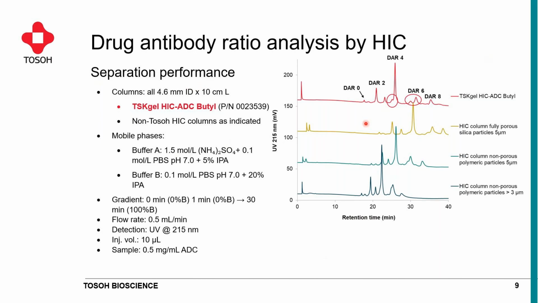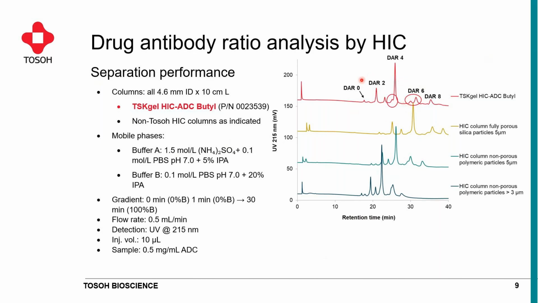So what we did is we compared the new column to a couple of other columns on the market. And what we see is that we have a very good retention, but also elution of high DAR numbers, so the very hydrophobic parts of our ADC sample.